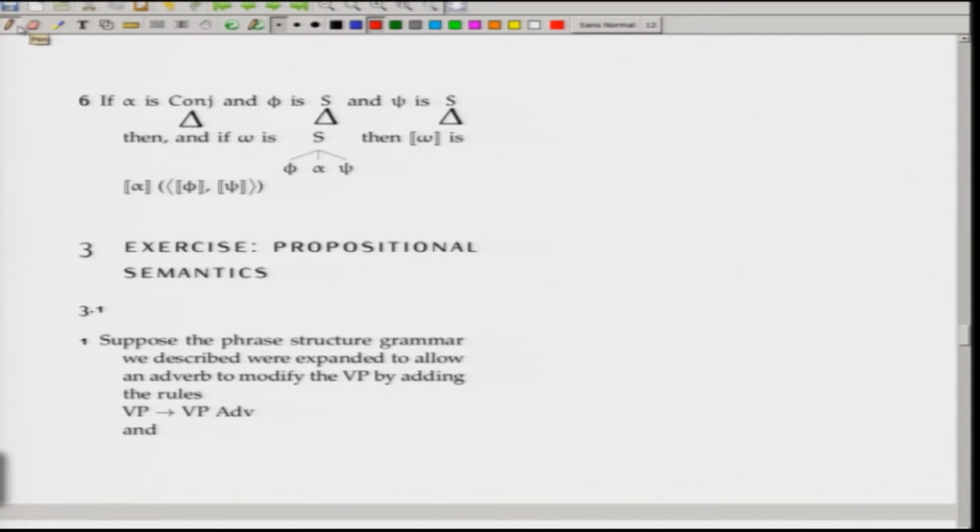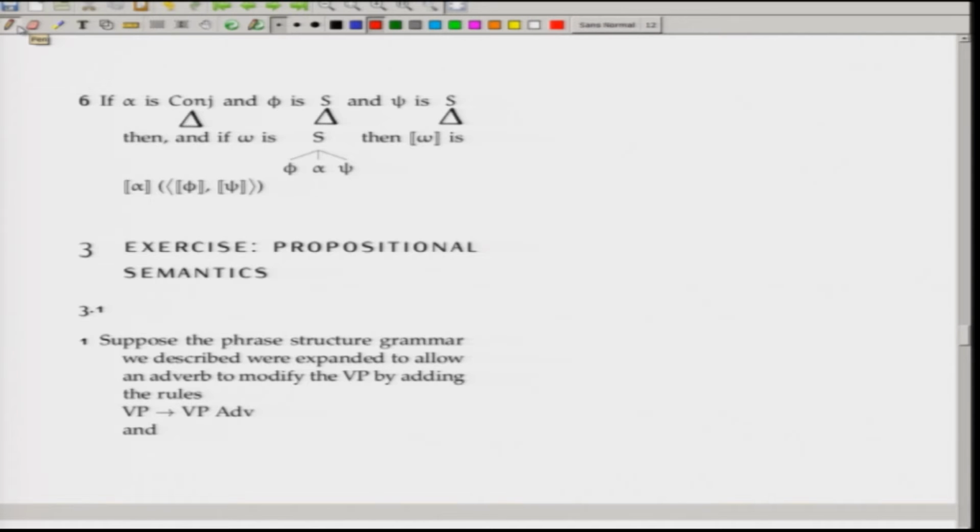The problem is this: suppose the phrase structure grammar we described were expanded to allow an adverb to modify the VP by adding the rules VP goes to VP ADV, meaning adverb, and then ADV goes to restlessly or harmlessly.